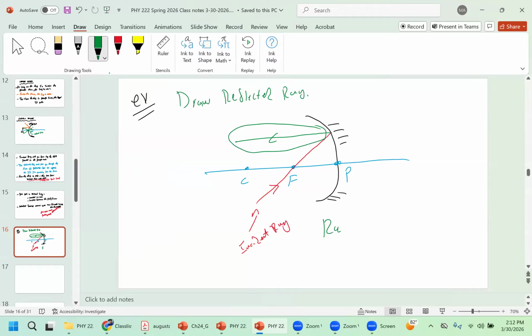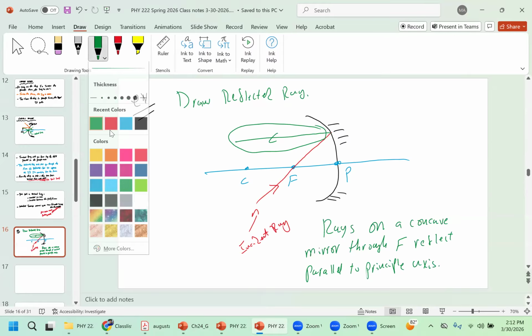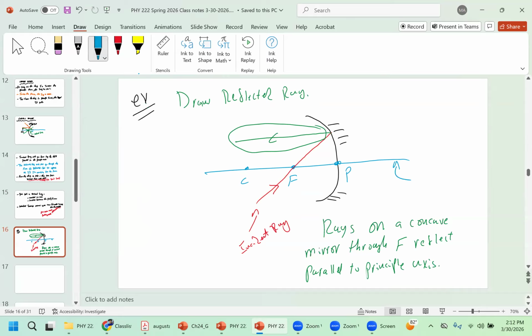So basically, rays on a concave mirror through F reflect parallel to your principal axis, which is what that is.